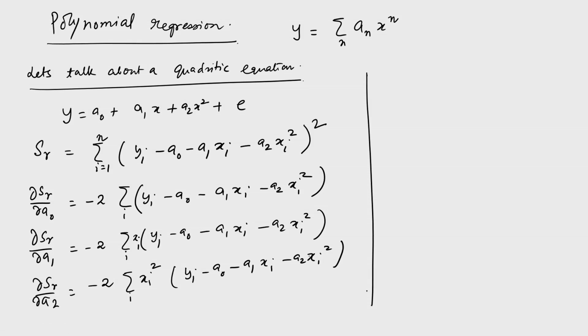If you set your sum over a0 equal to n a0, we get three equations which are like n a0 plus sum over i x i a1 plus sum over i x i square a2, this is equal to sum over i y i.